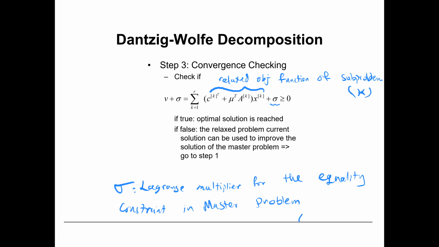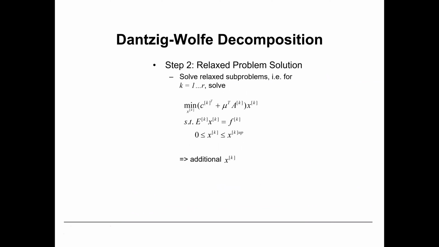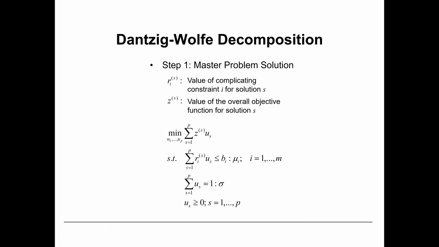Please note that in the master problem, we only have one equality constraint. Let's go back to the master problem. So in the master problem, we only have one equality constraint, which is the sum of all variables should be equal to 1.